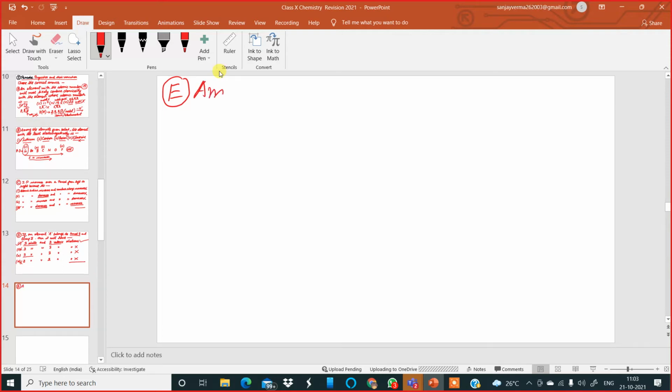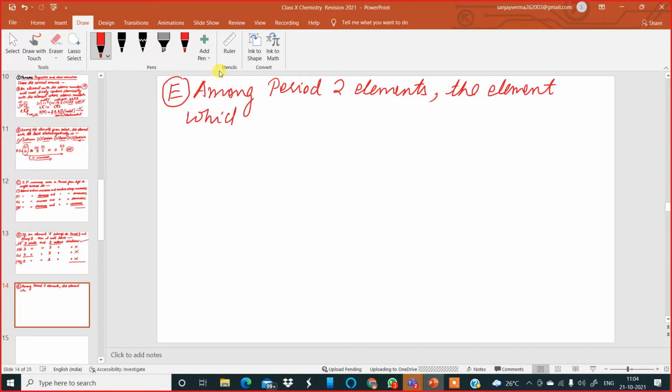Among period 2 elements, the element which has the highest E.A. What is E.A.? Electron affinity.